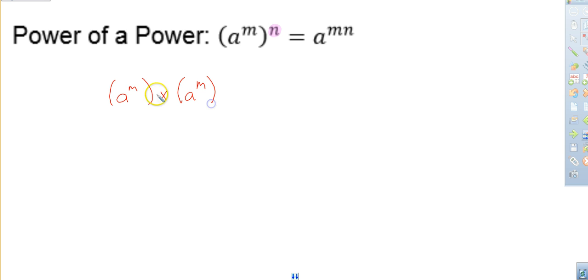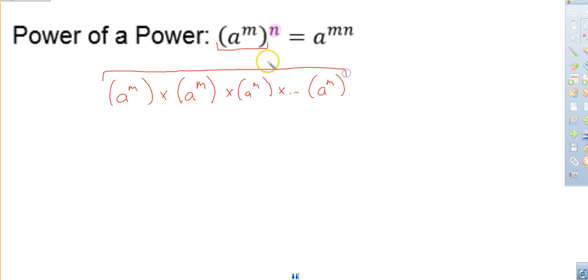So what's happening here is a to the power of m is serving as our base with an exponent of n. So I'm going to be multiplying a to the power of m a certain number of times. Again, how many times we don't know, because we don't know what n is, until finally we have done this n number of times.